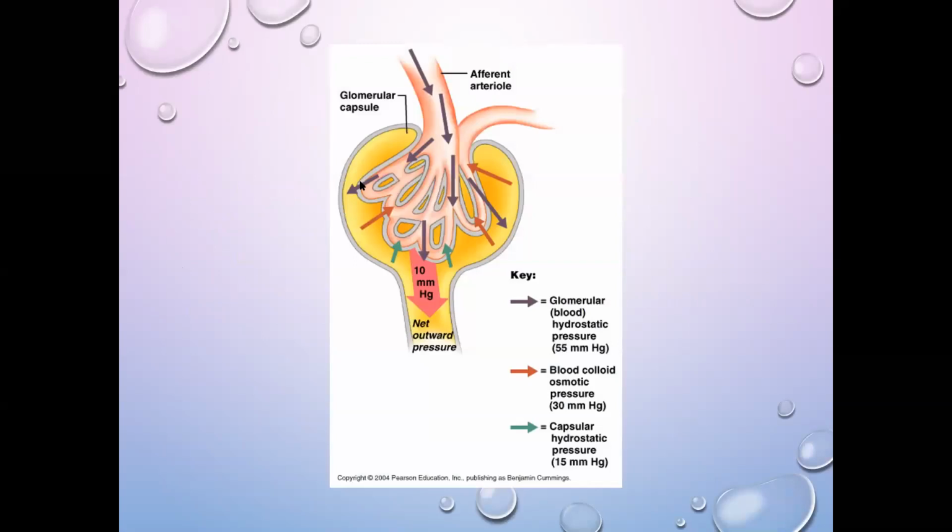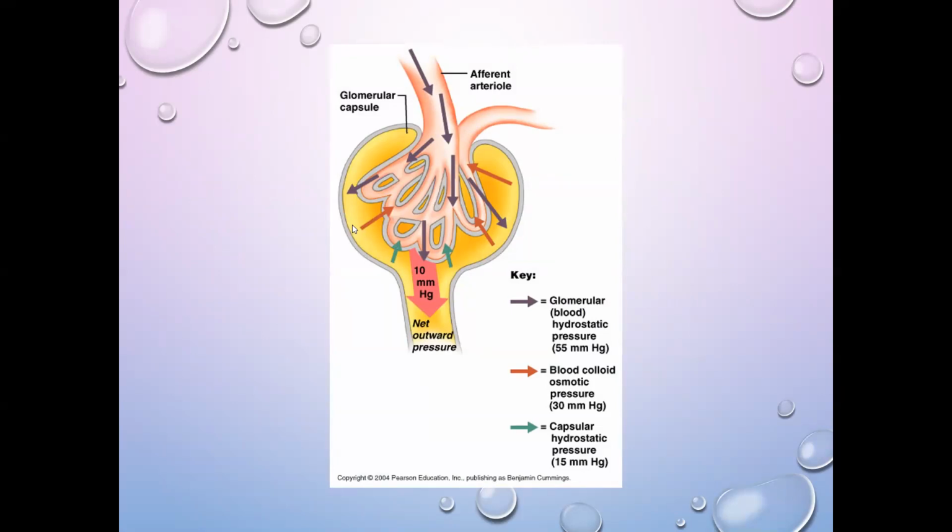So here's what happens. In the purple arrows, we can see that's the hydrostatic pressure out. Because the filtrate doesn't all immediately drain away, there is some pushback from the filtrate inside the capsule. So that's capsular hydrostatic pressure.